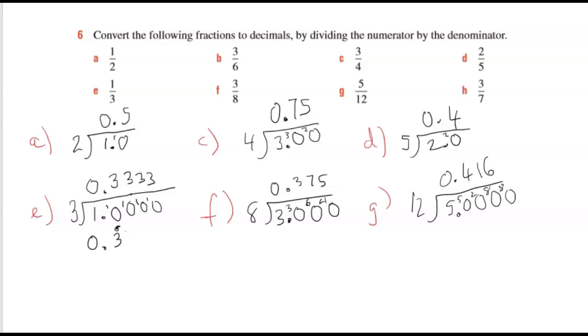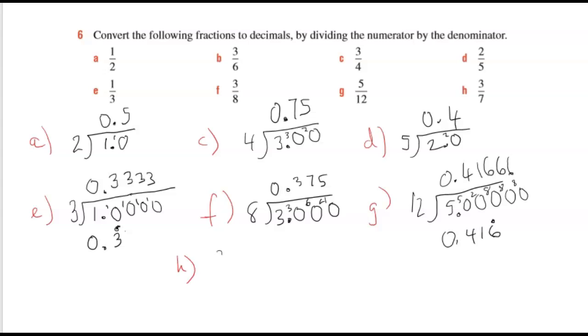So it's going to keep being 6. Okay, so we've got 0.416666, and it looks like it's going to keep going. So we write that as 0.416 with the 6 recurring.